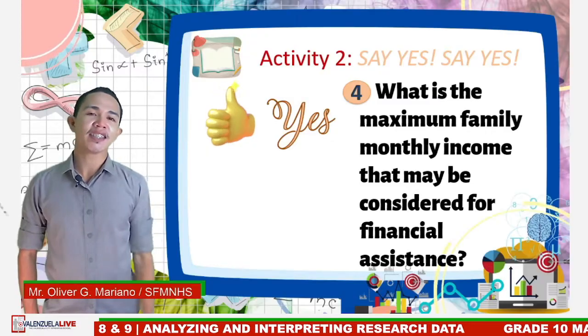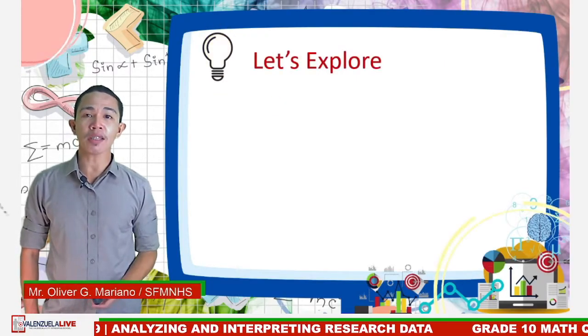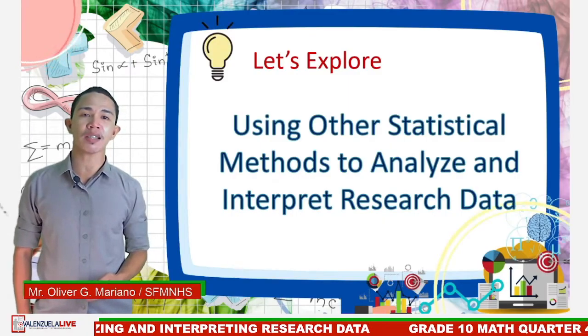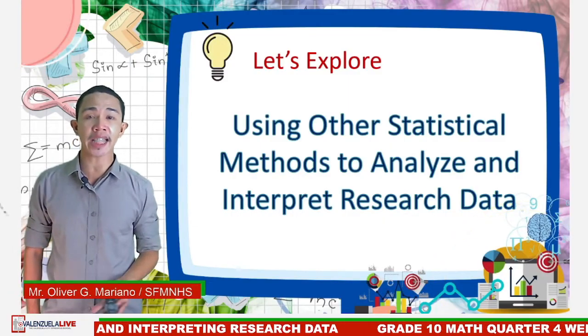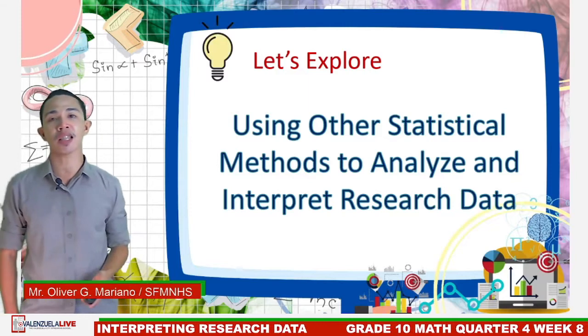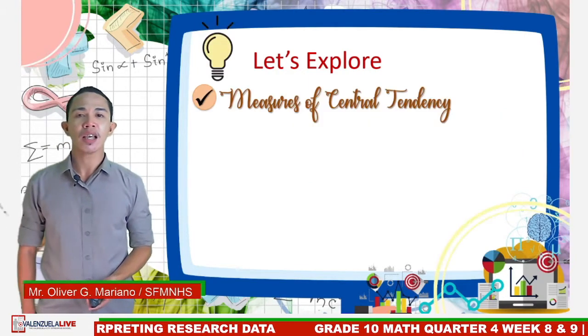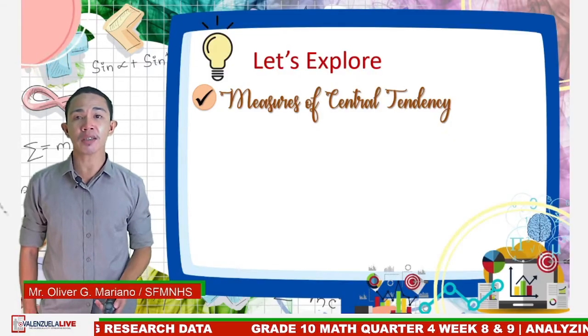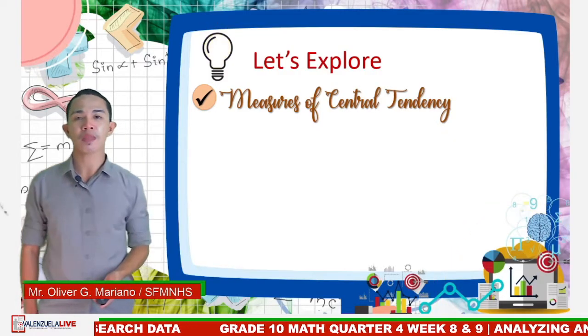Very good. Let's continue our discussion by looking at other statistical methods that we can use in analyzing and interpreting research data. Let's begin with what you learned as early as grade 7, the measures of central tendency.